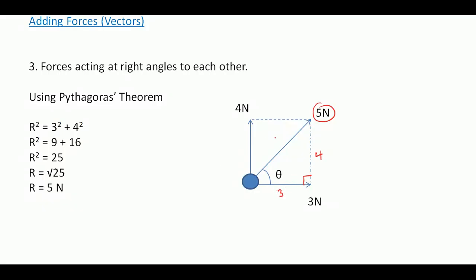So therefore we use Pythagoras' theorem. Let R be the resultant force. So R squared is equal to 3 squared plus 4 squared. Therefore R squared is equal to 9 plus 16. So R squared is equal to 25. In order to find R, we just find the square root of 25, and that is how we got 5 Newtons. Right? So once we have two forces acting at right angles to each other, we simply use Pythagoras' theorem.